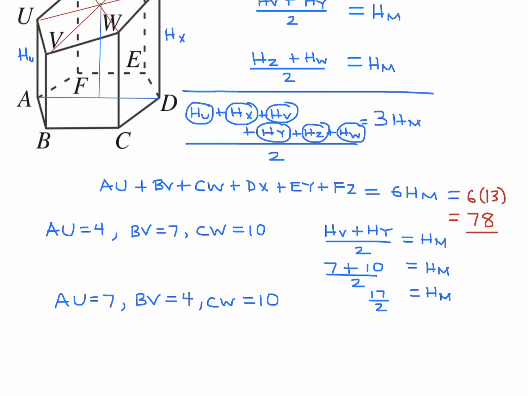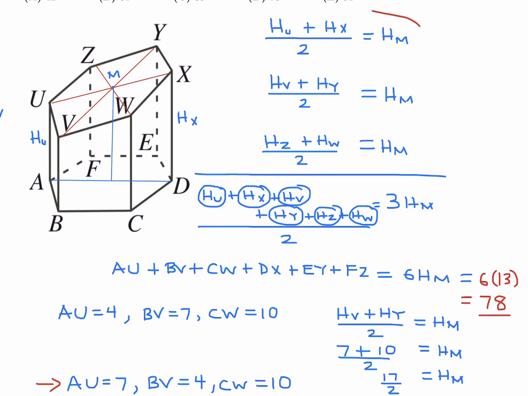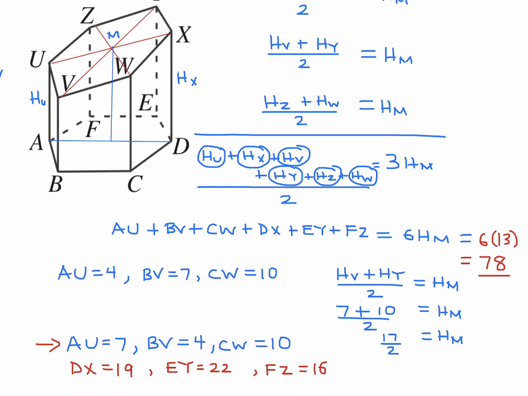Interestingly, if you were to look at this diagram, if this is your selection, then the other ones will be 19, 22, and 16. The way I got that is just by these relationships right here. Not that you really need to, but just to make the question complete.